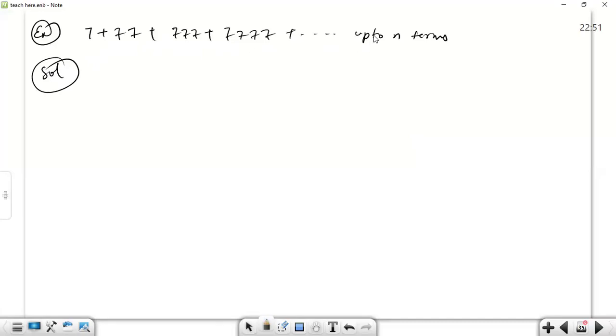What is one thing common between them all? Is this an AP? 7, yes, 7 is common for sure. But is this an AP? Is there a common difference between two consecutive terms?